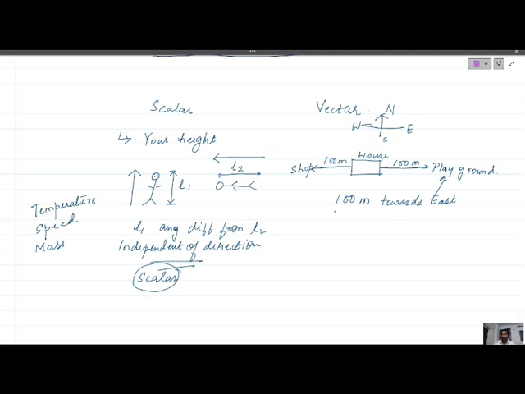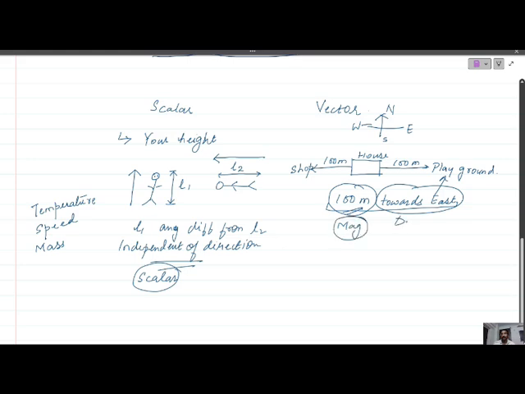Now remember, what you have told here is nothing but distance along with direction. So when you're talking about a quantity where just the magnitude is not going to be enough, you have to give the direction also. These kind of quantities are called vector quantities.